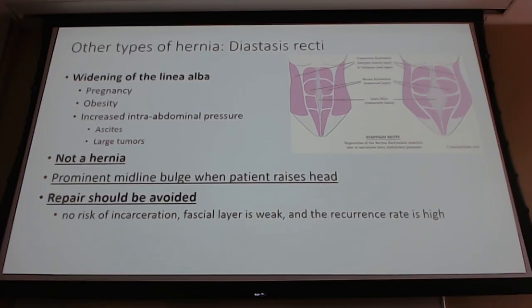Like I said, technically not a hernia, right? It's not a defect in any tissue. It's just a widening or loosening of that tissue. Okay, part of the differential. Some people might consider it a hernia, but it's really not a hernia. Okay. Big thing is, if they're laying down and they lift their head, it will protrude.